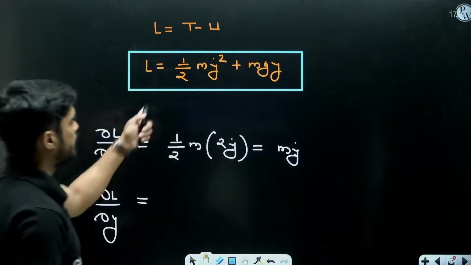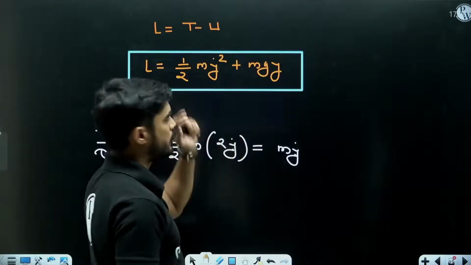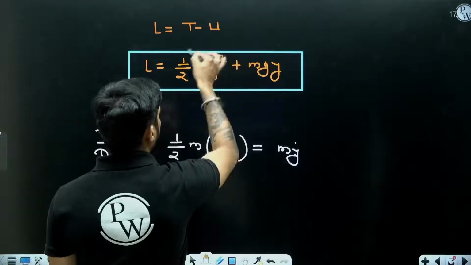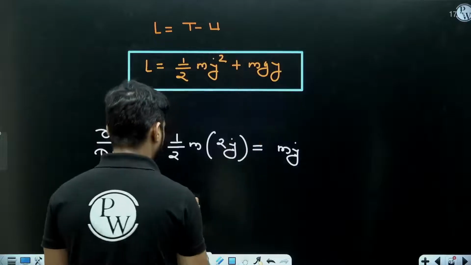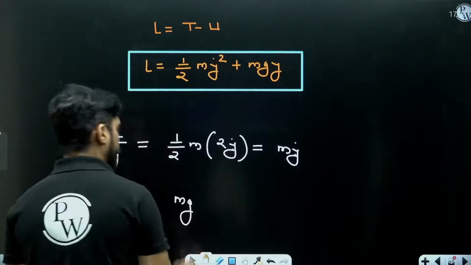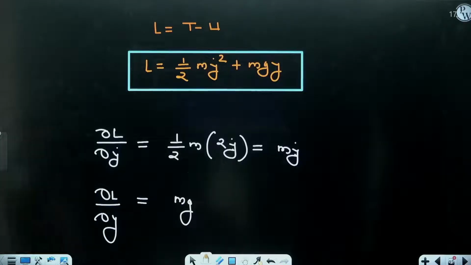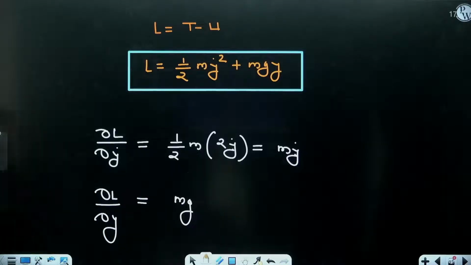Then if you differentiate partially this entire equation with respect to y, the first term will become 0 because there is no y here, and if I differentiate this, I will get mg. So I have got del L by del y dot, and I have also got del L by del y.